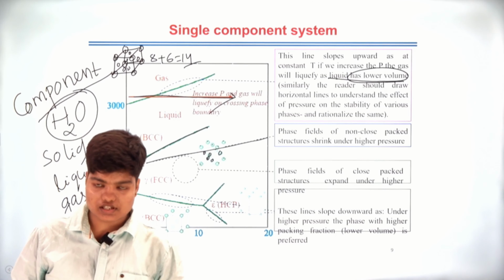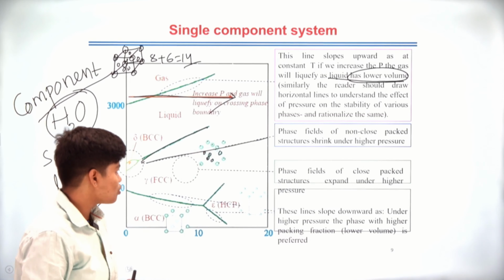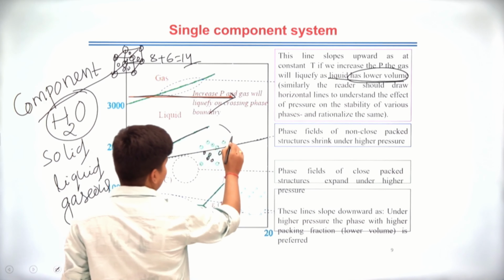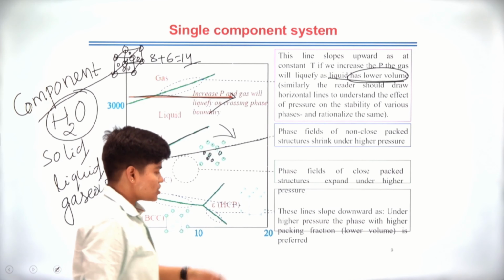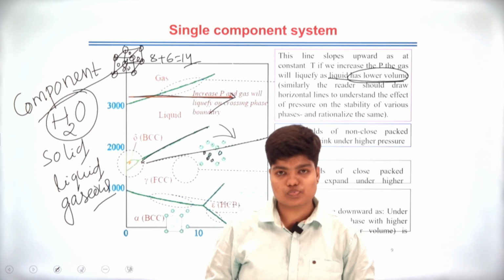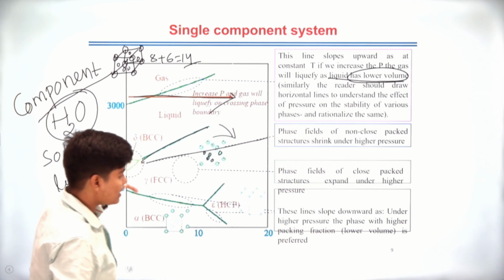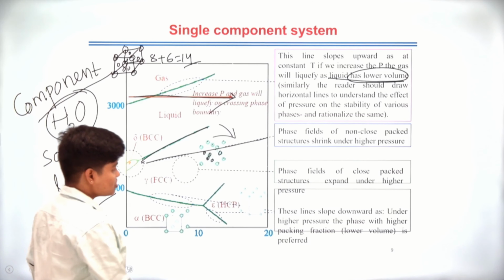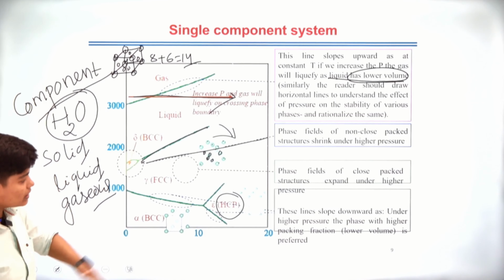But some systems shrink under high pressure, so the slope goes from upward to downward. Now see, one is the HCP structure. HCP means hexagonal close packing structure. This structure's slope will be downward under high pressure.